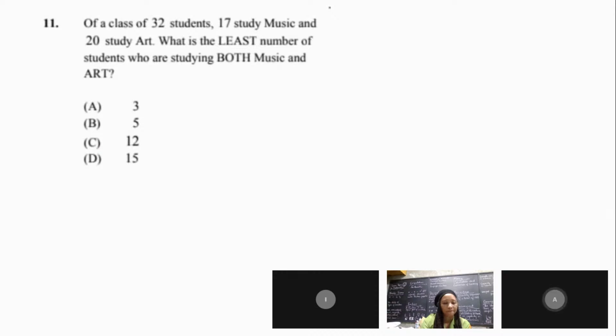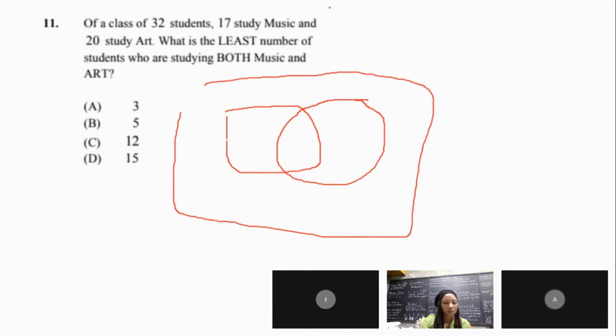Number 11. Of a class of 32 students, 17 study music and 20 art. What is the least number of students who are studying both music and art? Now we can draw a universal set. There's 32 students in all.